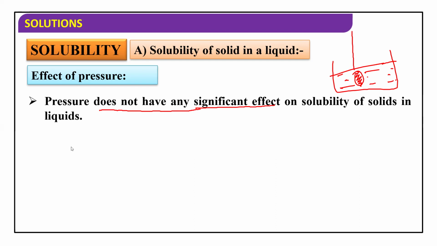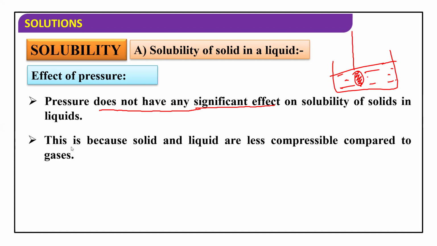If I am giving the pressure on a solid in a liquid? No, right? It is not going to change. It remains the same, because solid and liquid are less compressible compared to gases.